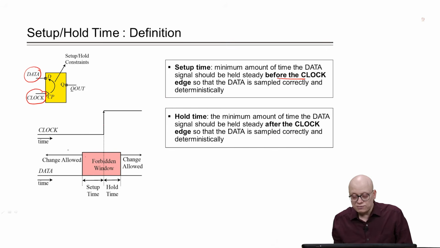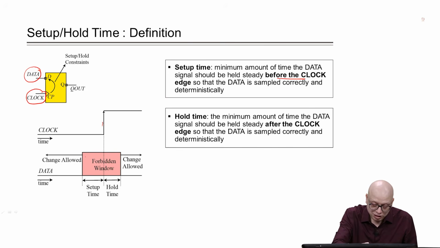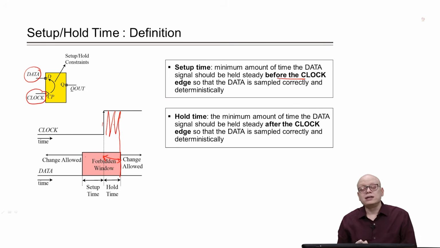And similarly, we define hold time as the minimum amount of time the data signal should be held steady after the clock edge, so that data is sampled correctly and deterministically. So, after the clock edge, we do not allow the data to change for some window, and that window is till this time. Within this time, we do not allow the data to change.